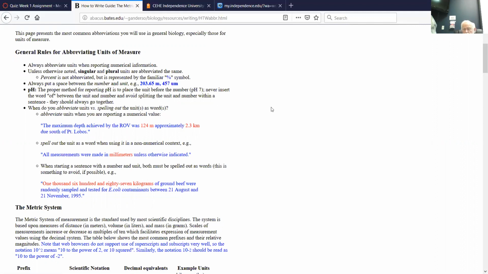You may or may not have been exposed to the metric system in your schooling. It depends on the school you went to, when you went to school, etc. The metric system is the official measurement system of the United States, but most people do not use it other than medical people or scientific people.